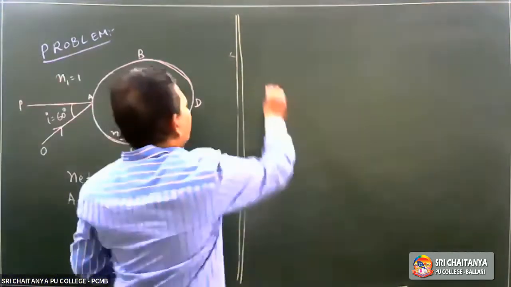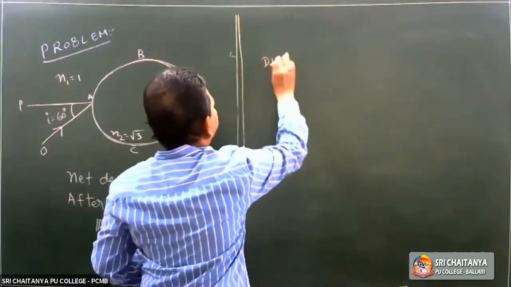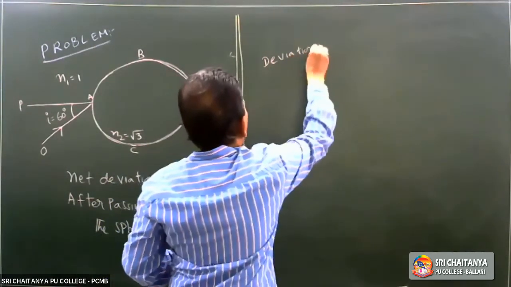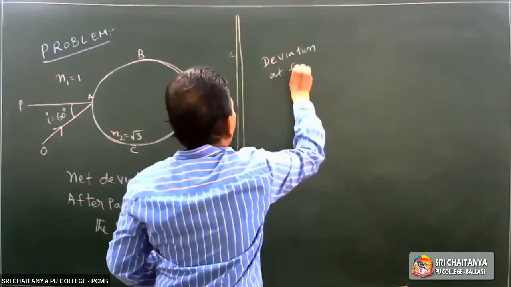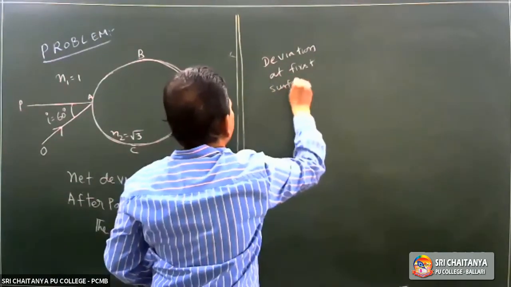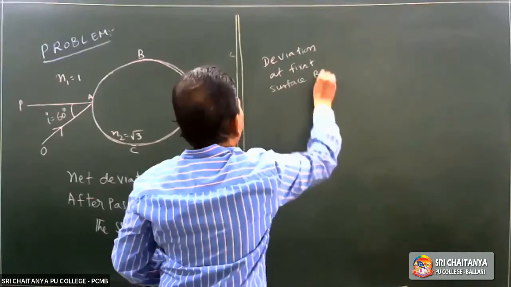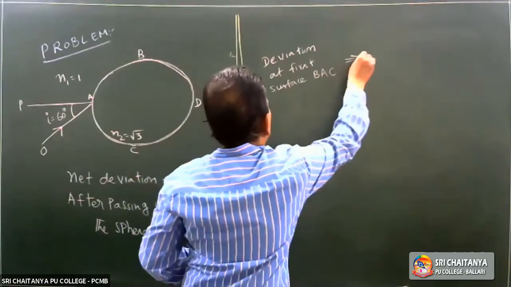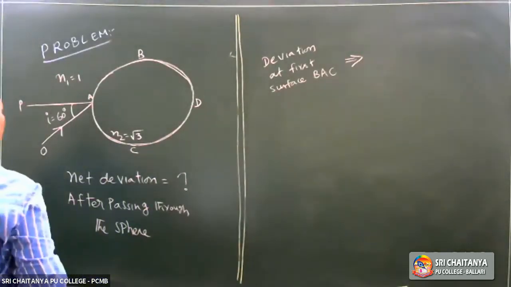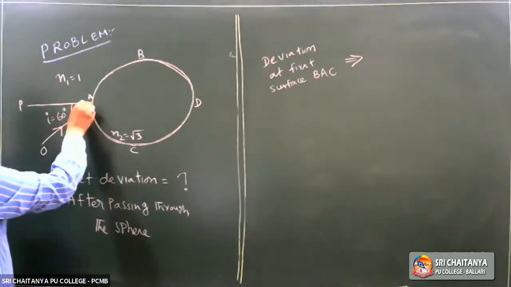First consider the deviation at the first surface. At first surface. What is that surface? BAC. How to calculate? Apply the Snell's law.